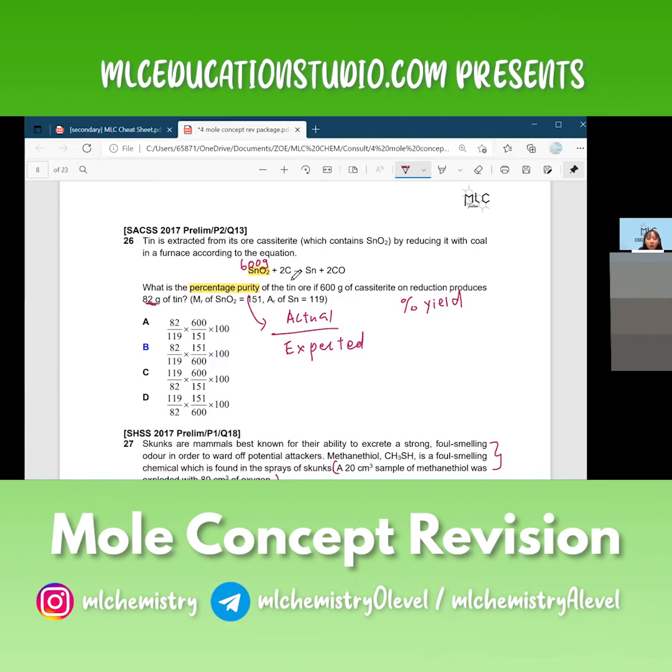Okay, 82 gram of tin, which is this, always use the mole ratio. So first thing, I want to find the number of moles: 82 over 119, this is the number of moles of Sn. By mole ratio, the number of moles of Sn is equal to the number of moles of SnO2.